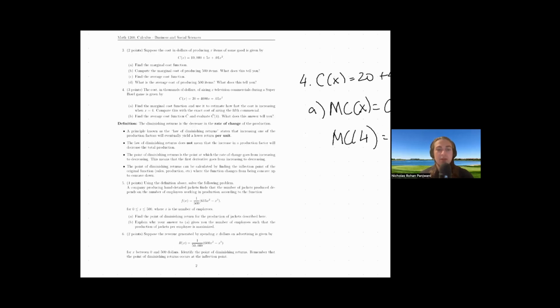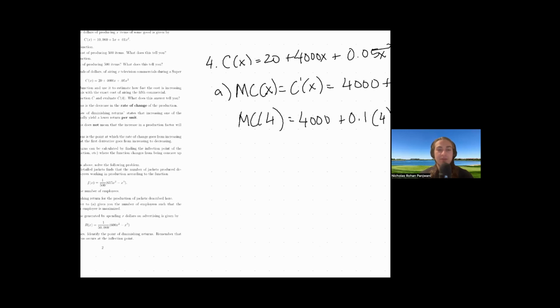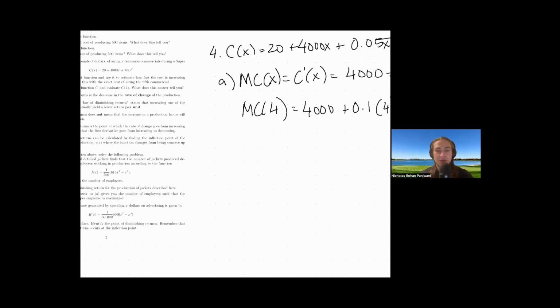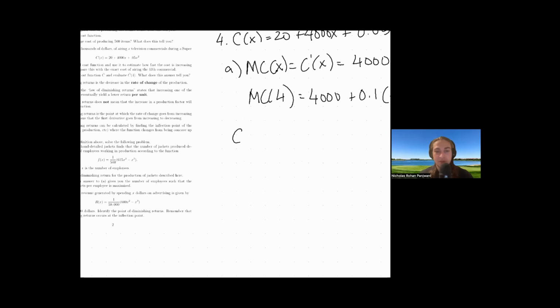And so the actual cost of the fifth commercial in particular is going to be the cost of 5 commercials minus the cost of 4 commercials.